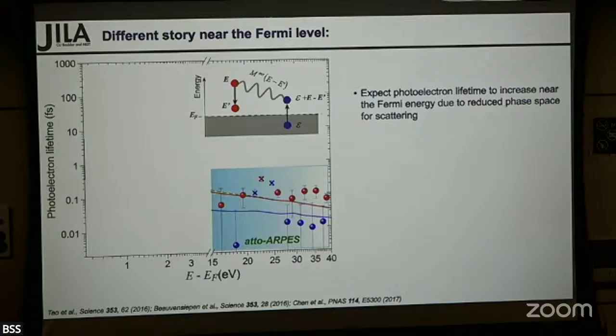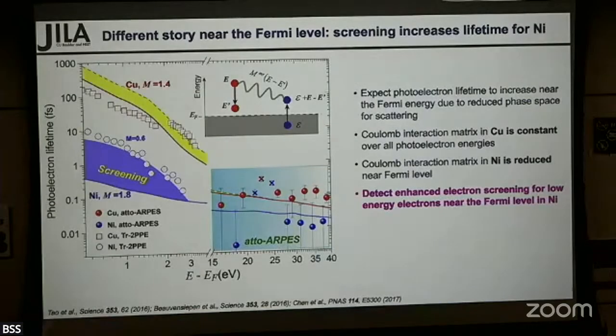Now, we'll compare with measurements done with 2-photon photoemission that can measure the lifetime near the Fermi level. And you can see in copper, the same Coulomb interaction matrix works all the way from the Fermi level up to 40 eV.